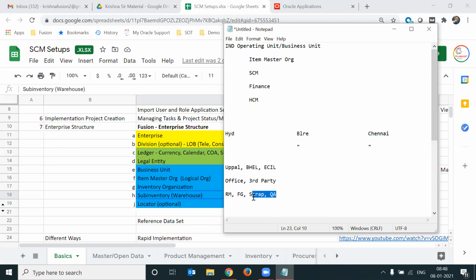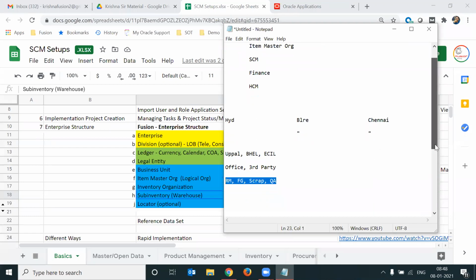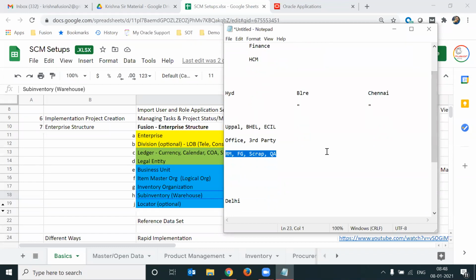So we can also create sub inventories with the type of variant of the product. So all finished goods you will maintain under finished good sub inventory, and all raw material you maintain under raw material sub inventory, and you have a scrap sub inventory, and you have a QA sub inventory also. So this is most commonly used naming conventions for sub inventories in real time.